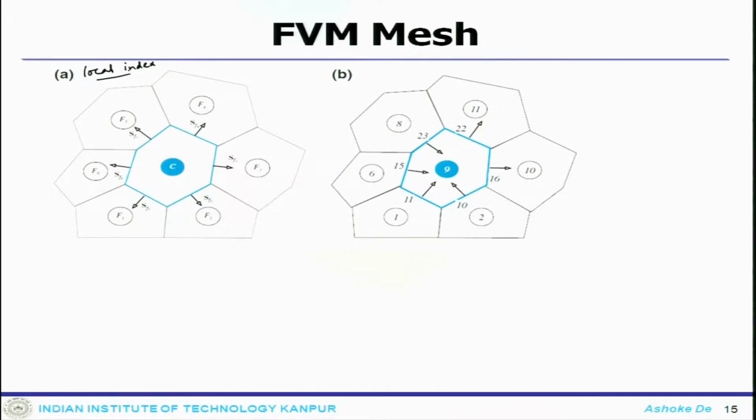That means I have defined 1, 2, 3, 4, 5, 6 like that. Okay. 1, 2, 3, 4, 5, 6. So, these are my 6 surrounding elements.